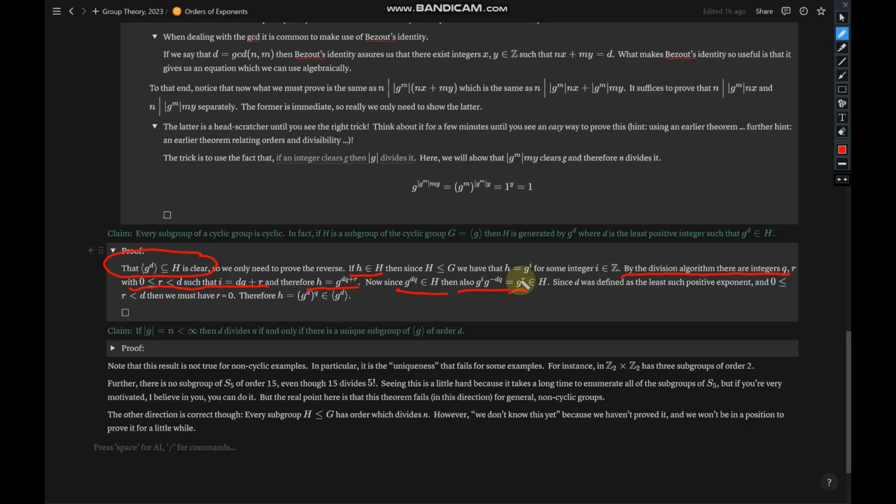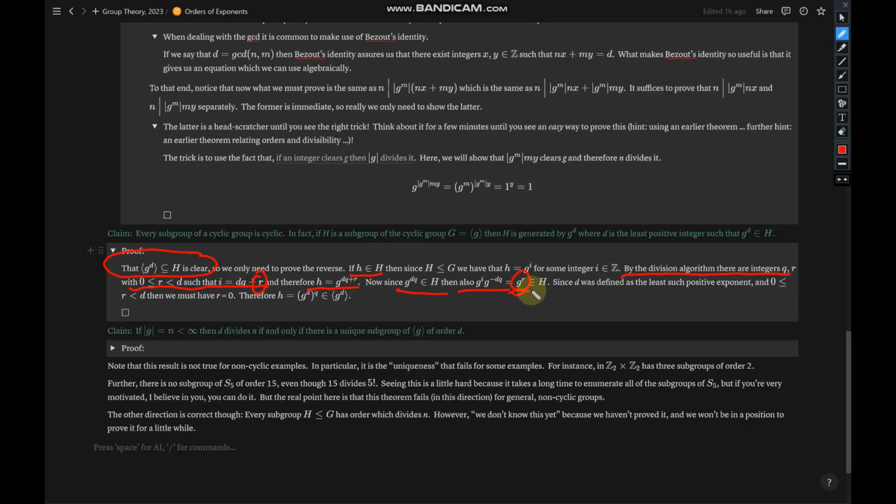That's kind of what this is: r is i mod d. So we know that g to the i mod d is in H.